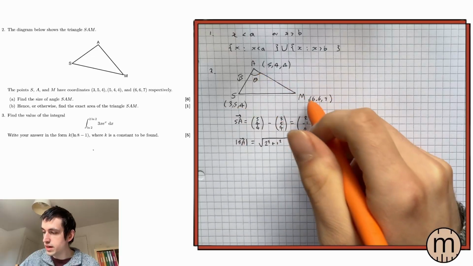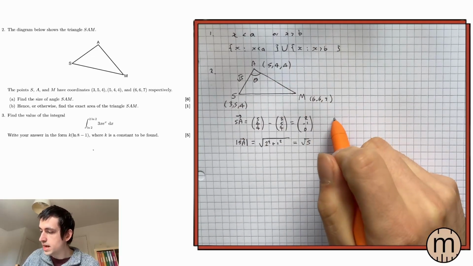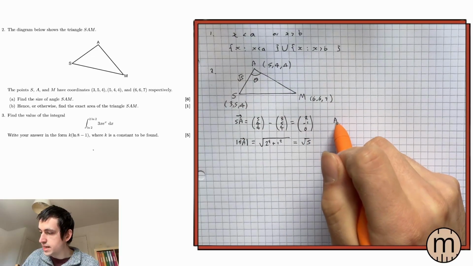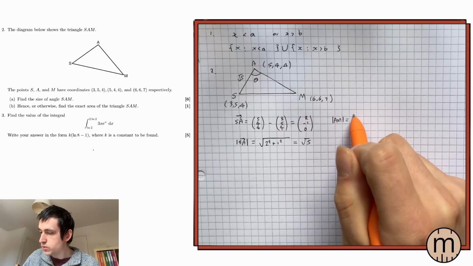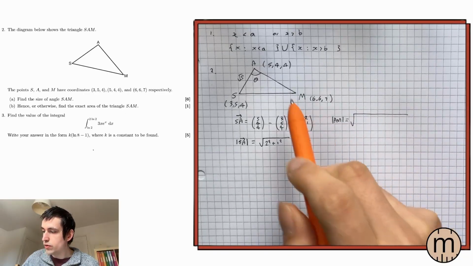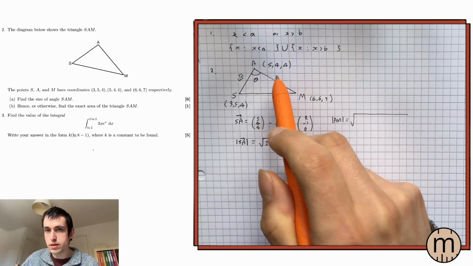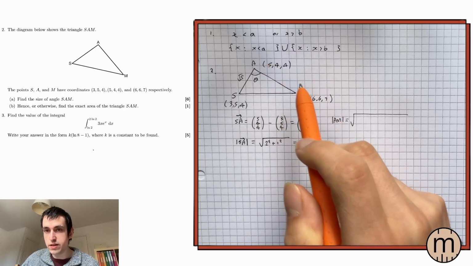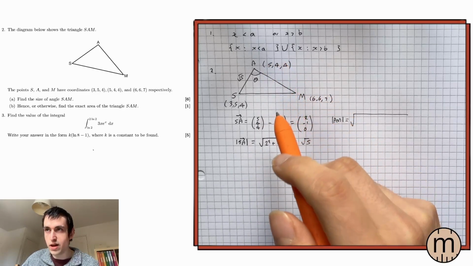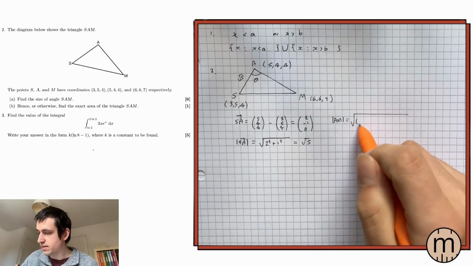The other way, and I'll do this for A to M, is to say A to M, the size is going to be the big square root of the x coordinates difference, the y coordinates difference, and the z coordinates difference, all squared and added together.